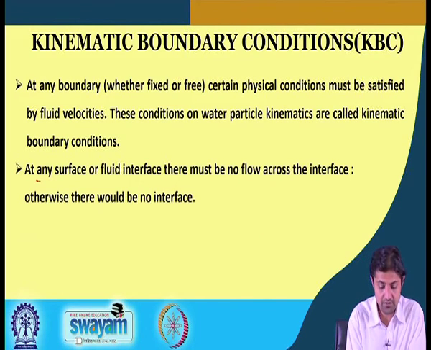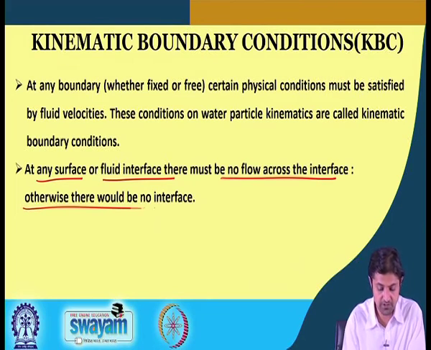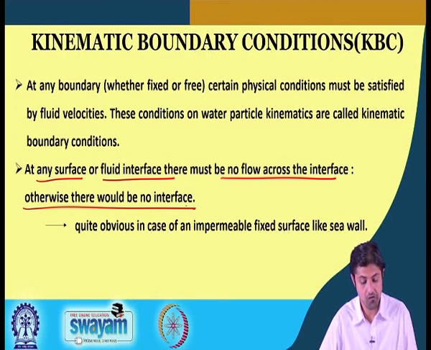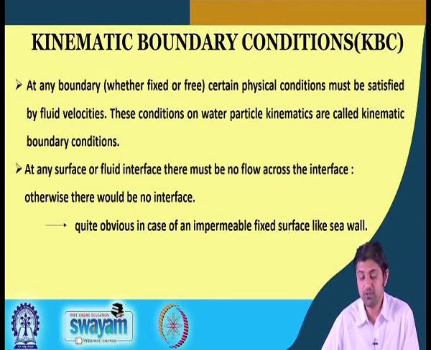So at any surface or fluid interface there must be no flow across the interface, and that is a very standard, universal type of kinematic boundary condition. This is quite obvious in the case of an impermeable fixed surface like a sea wall.